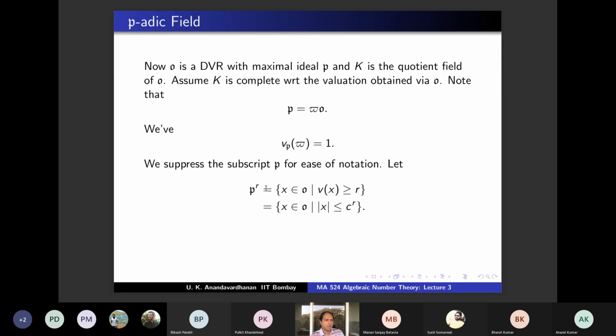And modulus strictly less than 1 is same as saying less than or equal to c. You agree? The set with modulus strictly less than 1 is equal to the set with modulus less than or equal to c, because of the discreteness. There's nothing between 1 and c. There's nothing between c and c square.